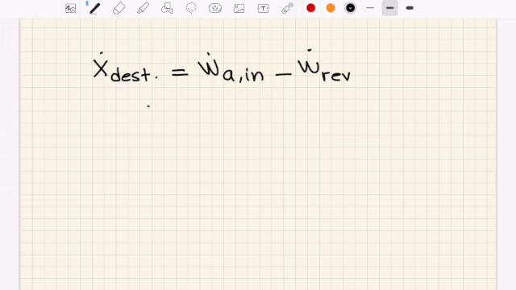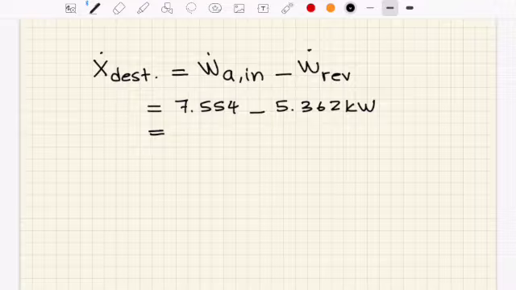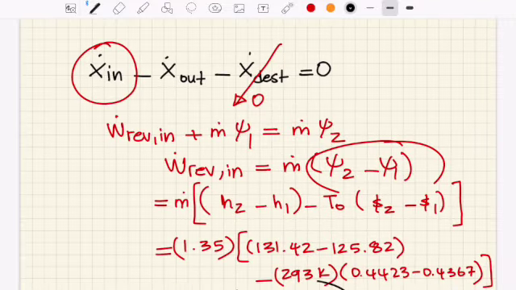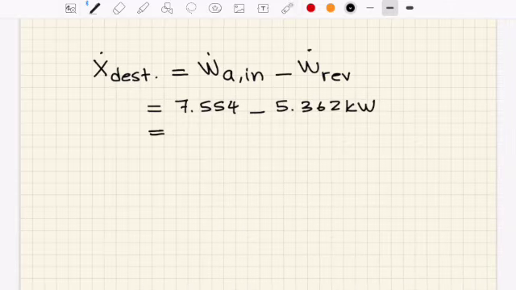And then we were able to calculate what we found here, that is the rate of exergy destroyed.